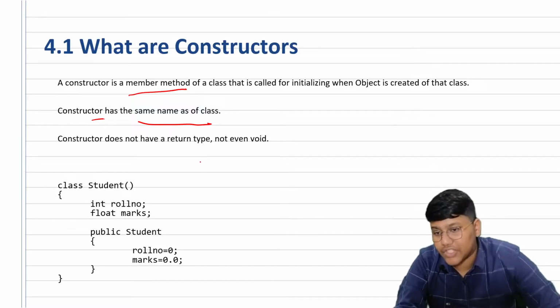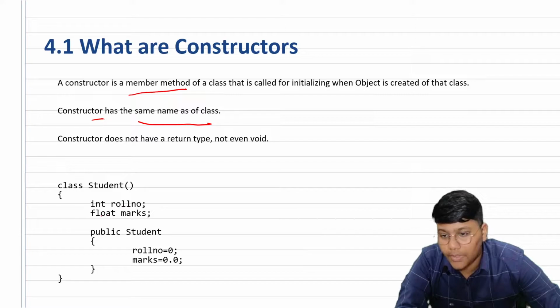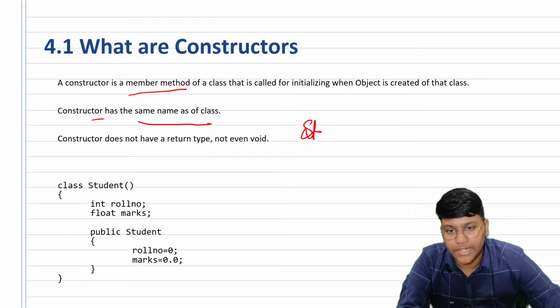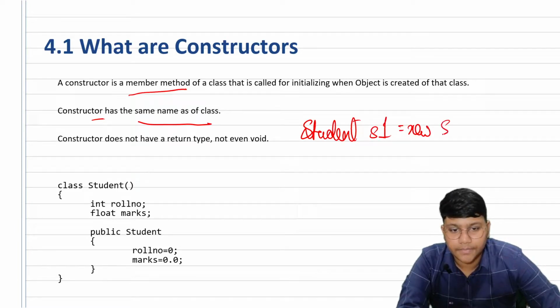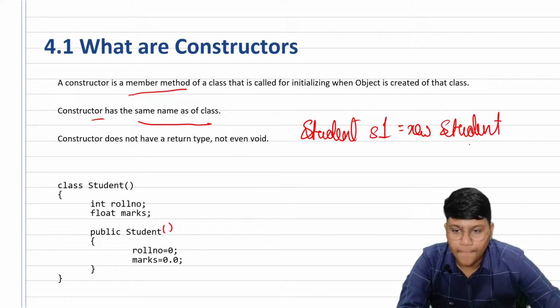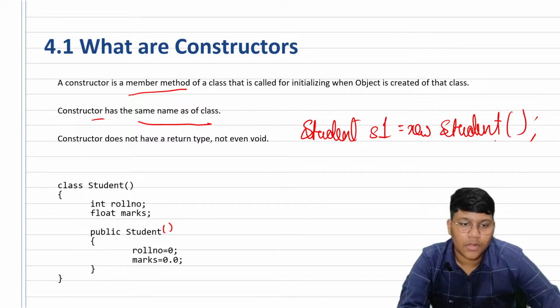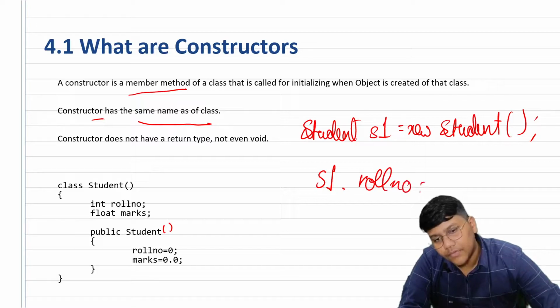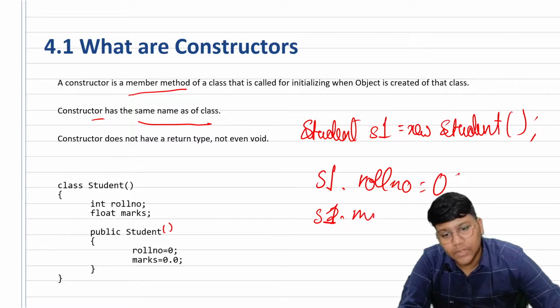Here is an example of a constructor. Class student, int rollNumber, float marks, public student, rollNumber equal to 0, marks equal to 0. So when we create an object of this class, student S1 equal to new student, here automatically S1.rollNumber will become 0 and S1.marks will also become 0.0.